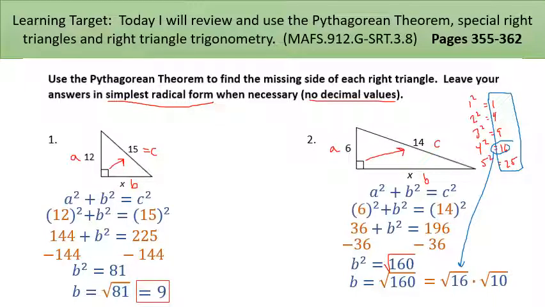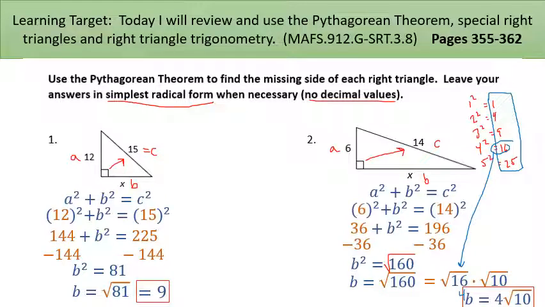So we can break up 160 into the square root of 16 times the square root of 10. All right, so remember when you have those two radicals, you just multiply what's underneath. So 16 times 10 is 160. Hopefully that's okay and you're with us. The square root of 16 is 4. So our answer is 4 times the square root of 10.